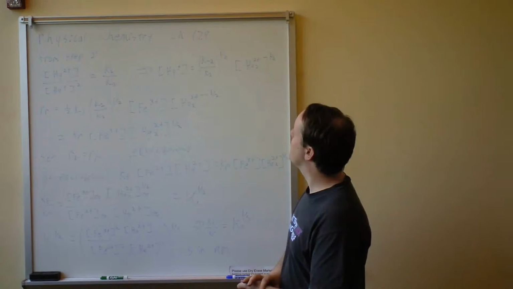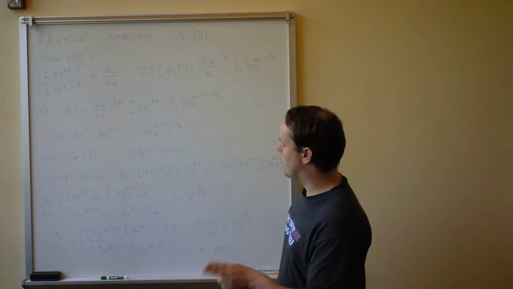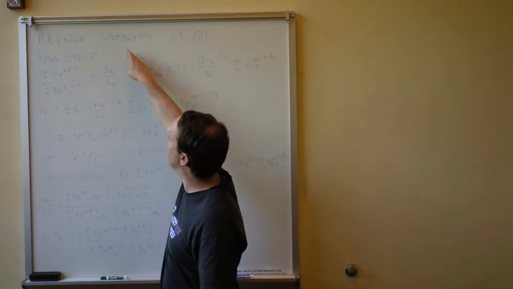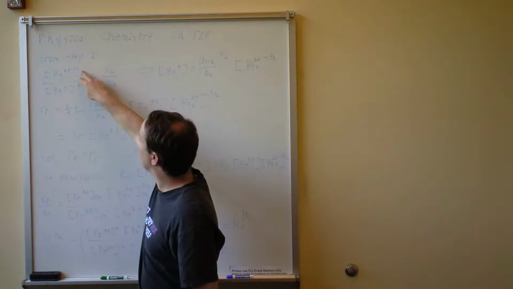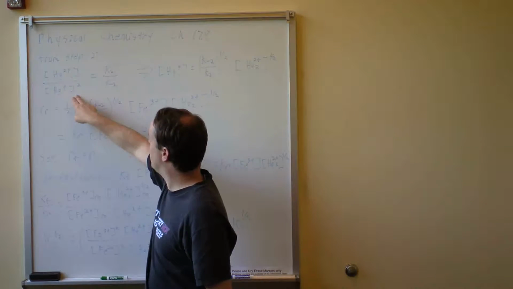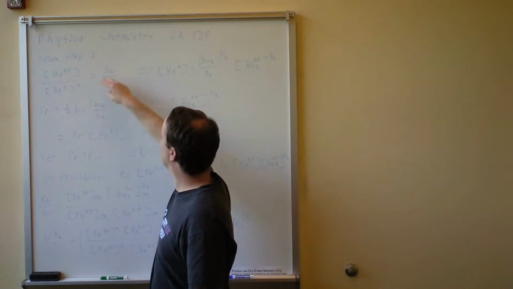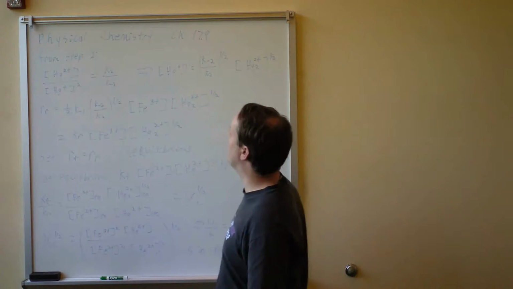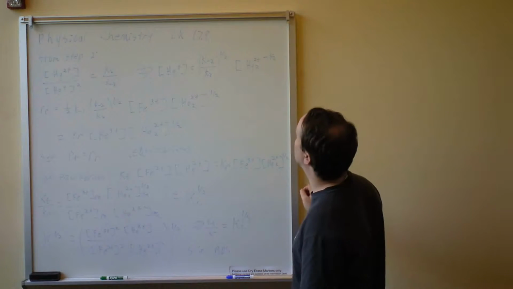Continuing on, finding the relation between rate constants and equilibrium constants. From step 2 of that mechanism, we've got the concentration of Hg2 2+ divided by the concentration of Hg+ squared is equal to the forward rate constant k2 divided by the reverse rate constant k minus 2.